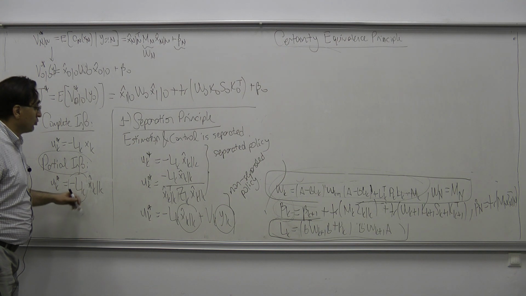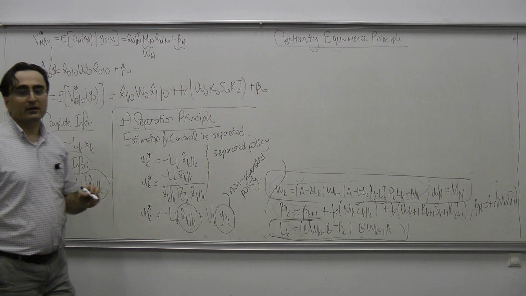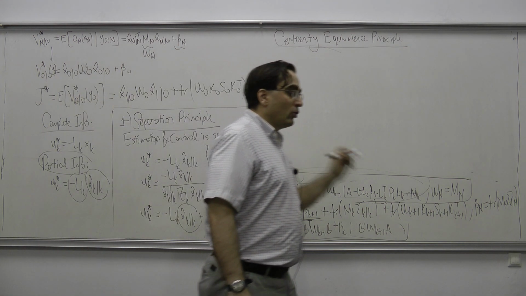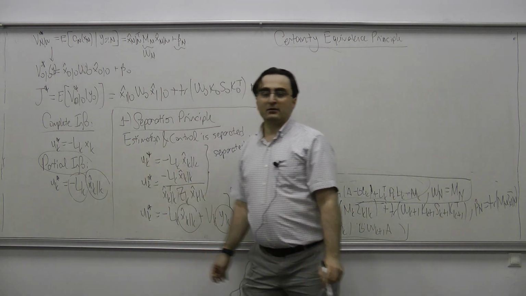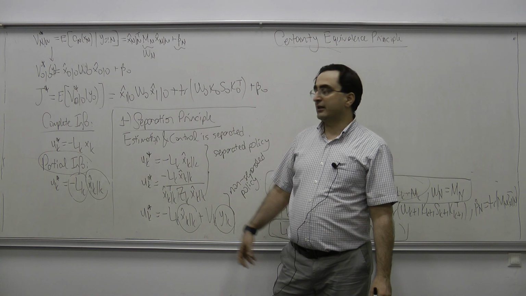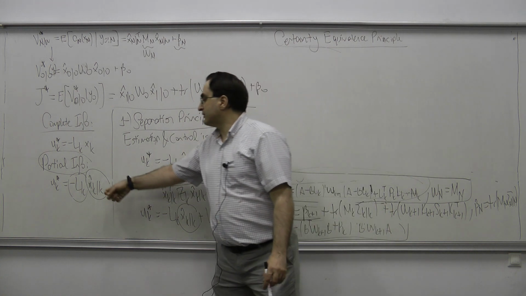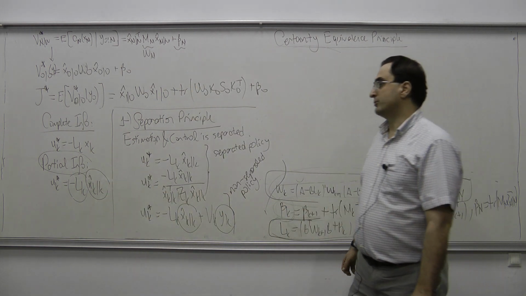Okay? So we assume that this estimate x at k given k is certainly equal to the exact value of xk. That is why this is called certainty equivalence, and that is why we say that in this case the certainty equivalence principle holds.